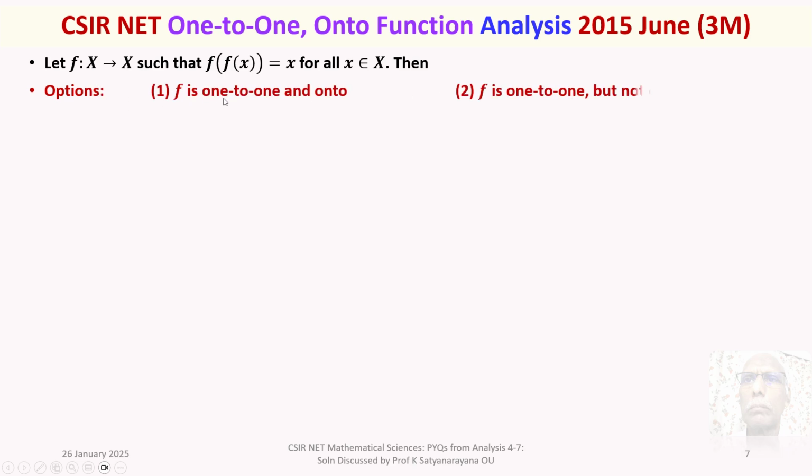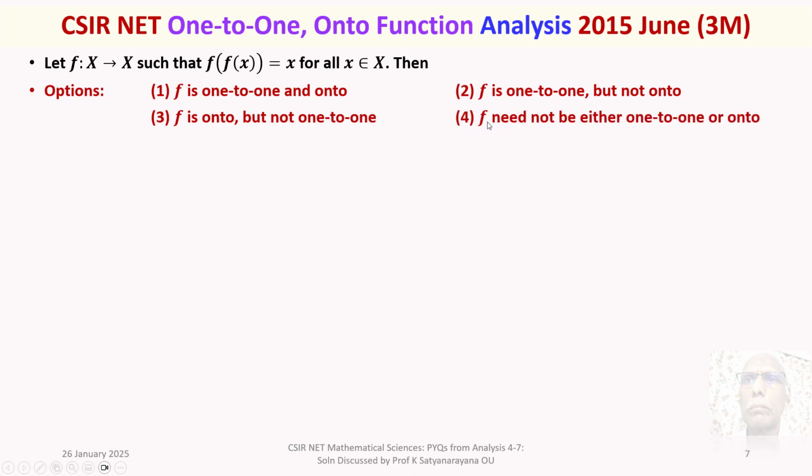Option 1, f is one-to-one and onto. Option 2, f is one-to-one but not onto. Option 3, f is onto but not one-to-one. Option 4, f need not be either one-to-one or onto.